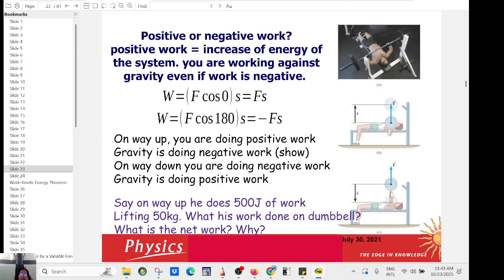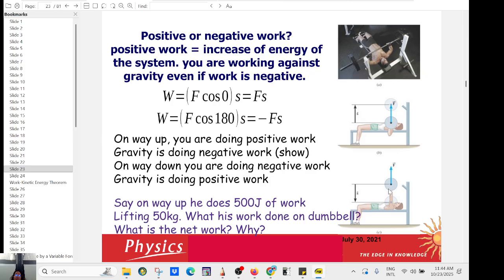Negative work. So what is it trying to do? If there is no gravity, you will accelerate. So if your effect is to accelerate, that will be positive work. If your effect is to try to slow down, that will be negative work. So here you are trying to increase kinetic energy, that will be positive work. Here you are decreasing kinetic energy.